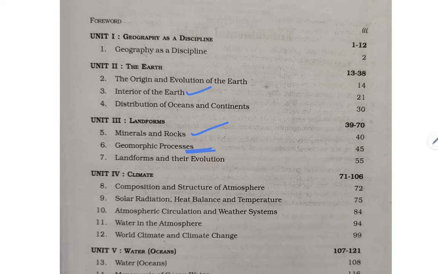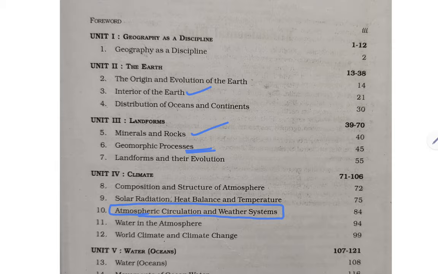But make sure you write short notes for every concept that you read. For example, as I already told you, suppose there is this atmospheric circulation and weather systems. Here you need to learn what you mean by Ferrel cell, what you mean by polar cells, the atmospheric circulations that we read, right? Those kinds of things you need to be aware of, and those are concept oriented.